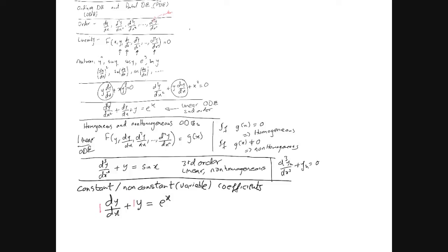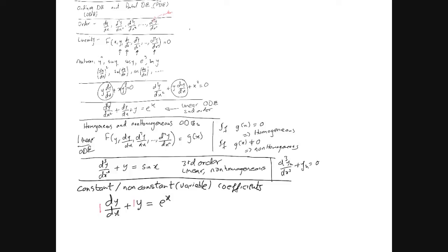When we say coefficients, we first have to understand what a coefficient of a differential equation is. The coefficient is the multiplier, whatever multiplies the y term, the y or its derivatives. Anything in the equation that multiplies y and its derivatives is called the coefficient of the differential equation. As you see here, the number 1 is multiplying.